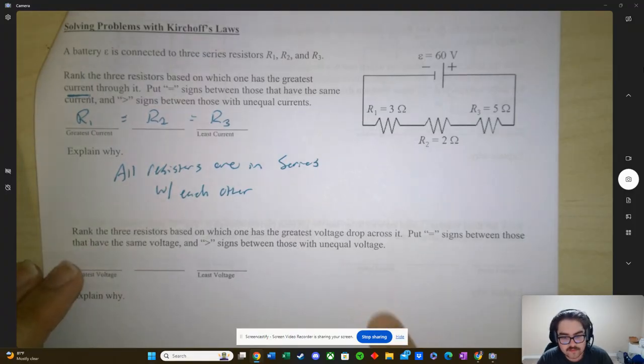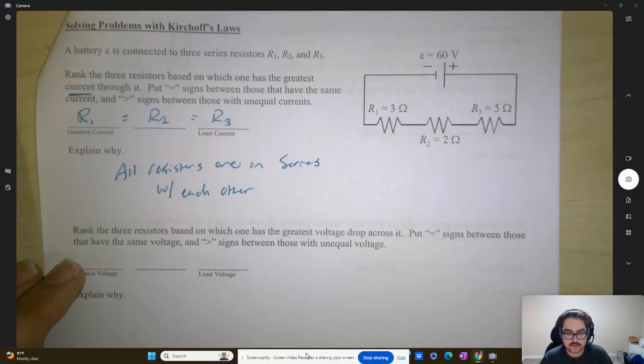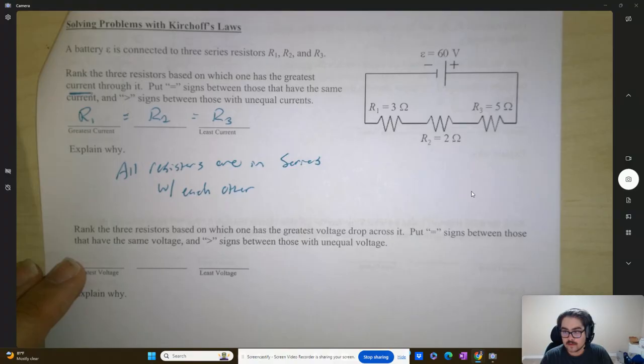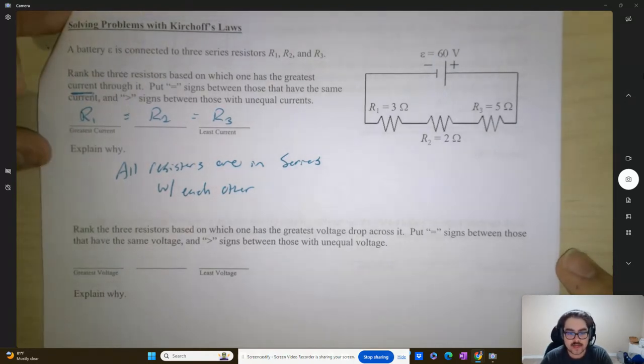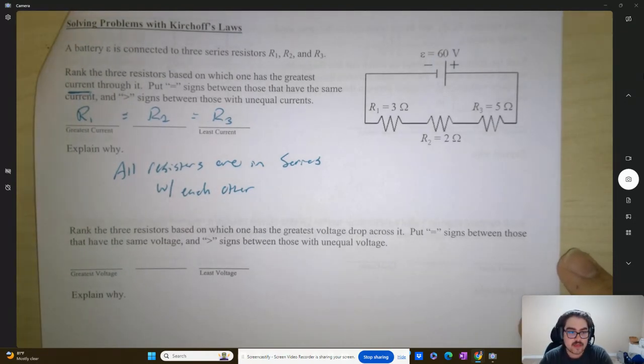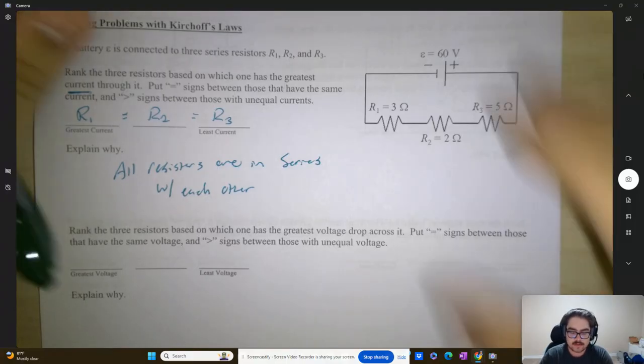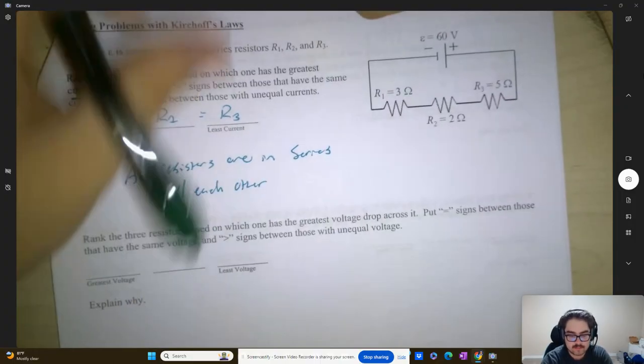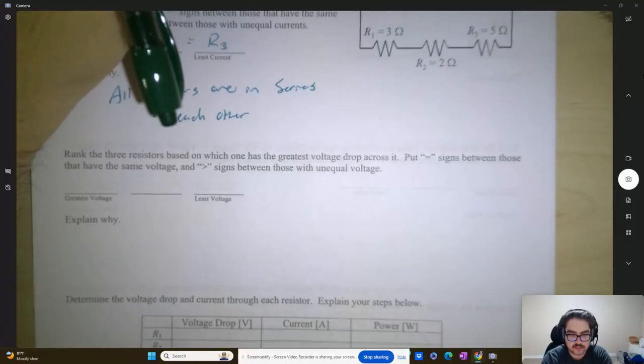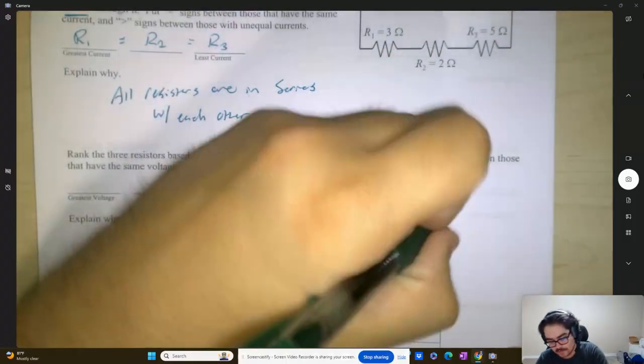Now we're ranking them based on voltage drop. Let me move this down a little bit so I get a little more screen real estate. Now we're going to talk about voltage drop. Which one has the greatest voltage drop across it? Well, I'm going to call upon the pyramid of knowledge.